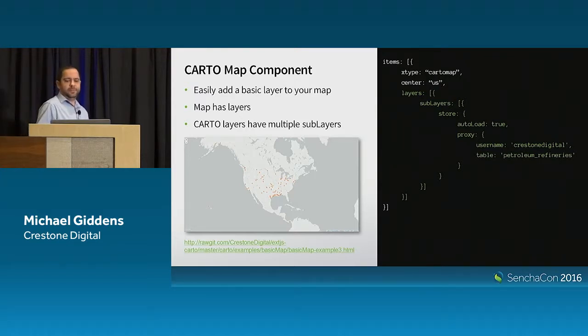So now that we have a map, let's start using Carto tables and putting your data onto that map. To do this, we have a property called layers. Layers is much like items on components. This can accept a list of arrays, each representing a layer on the map. Carto's a little special when it comes to traditional map layers, and they have something called sublayers.